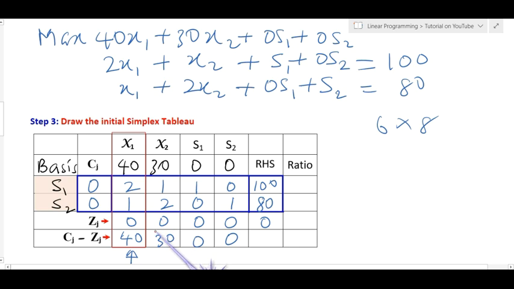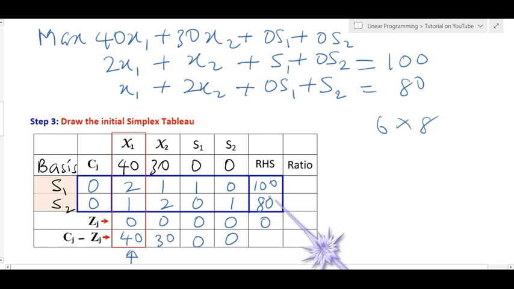After getting the pivot column, next we ask ourselves, what is going to be the element that will leave? Because on the pivot column we have 2 and we have 1. To determine the pivot row, we take the ratio of the right hand side to each element in the pivot column.